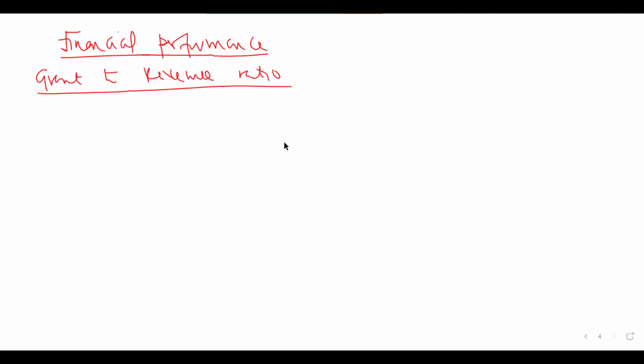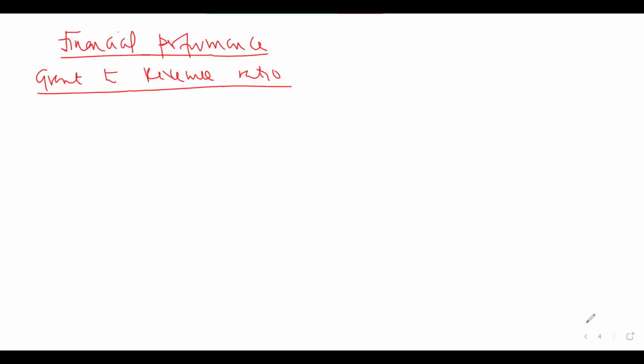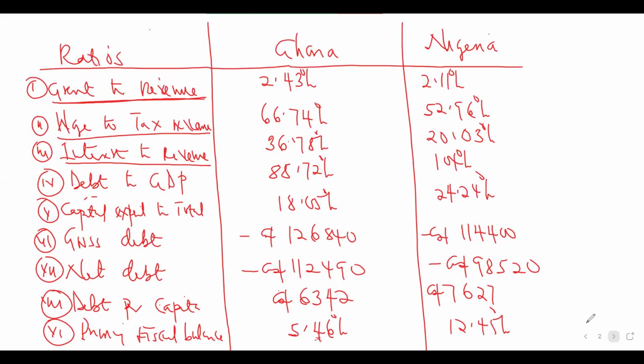Grant to revenue ratio, what is happening there? Which of these countries? Ghana received more grants than Nigeria.